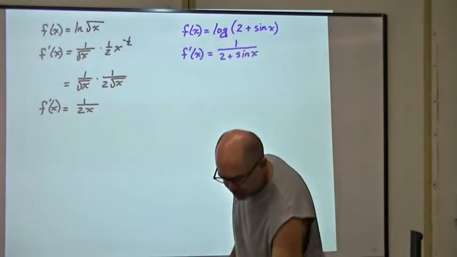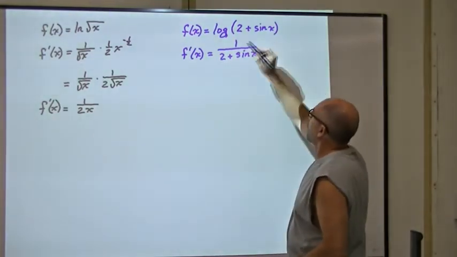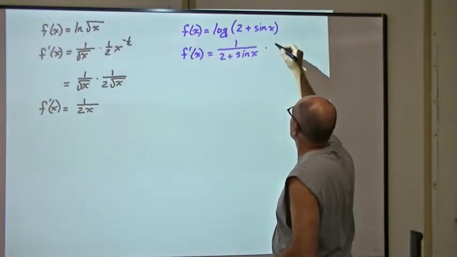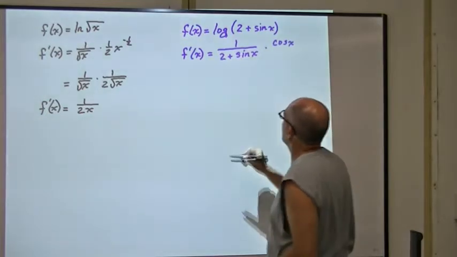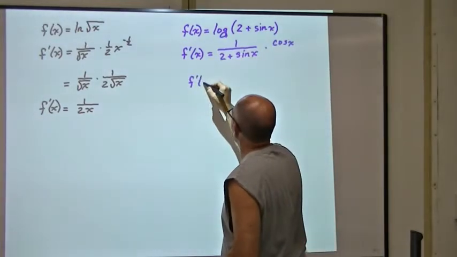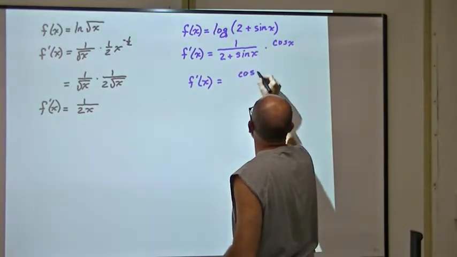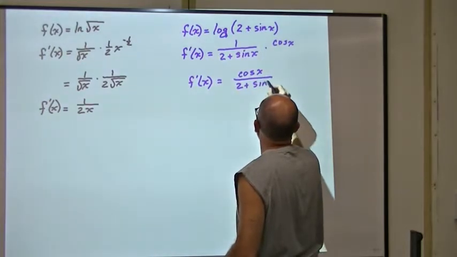And then, of course, the derivative of 2 plus sine x is 0 plus cosine x. And so f prime of x is going to equal cosine x over 2 plus sine x.